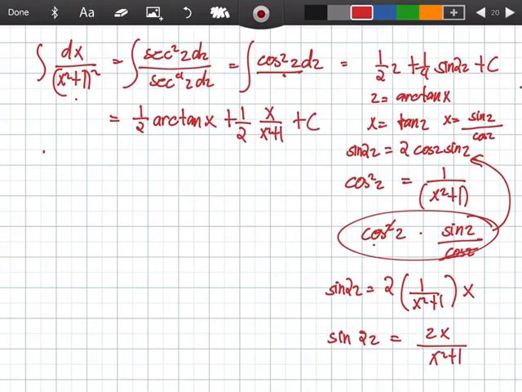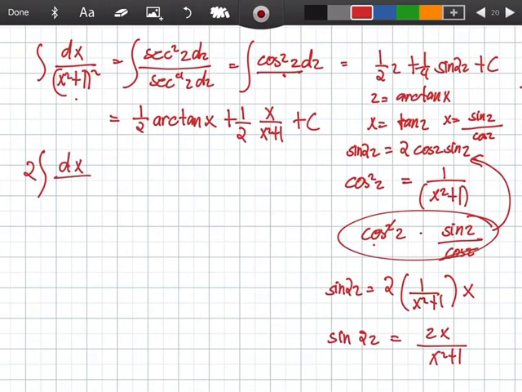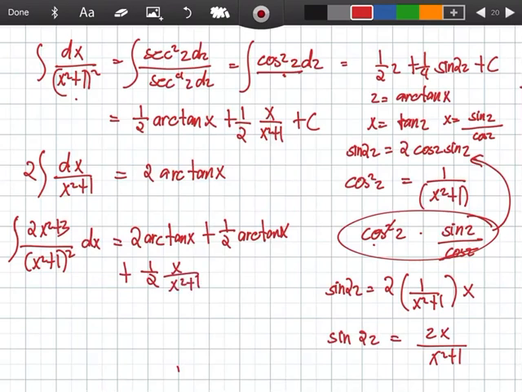But we still have the one from earlier that I skipped: 2 dx over x squared plus 1. This is simply 2 arctan x. Now, let's combine our general equation from earlier. The integral of 2x squared plus 3 over x squared plus 1 squared dx is equal to 2 arctan x plus the second integral, 1/2 arctan x plus 1/2 x over x squared plus 1 plus c.